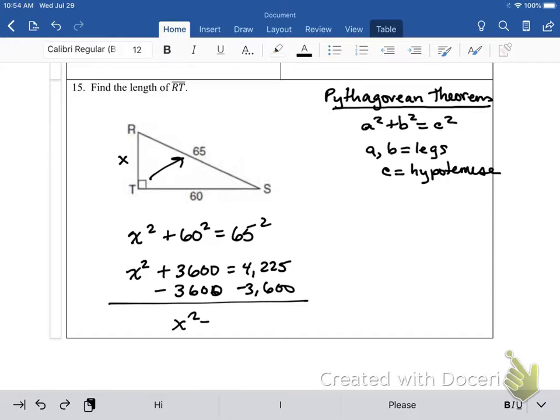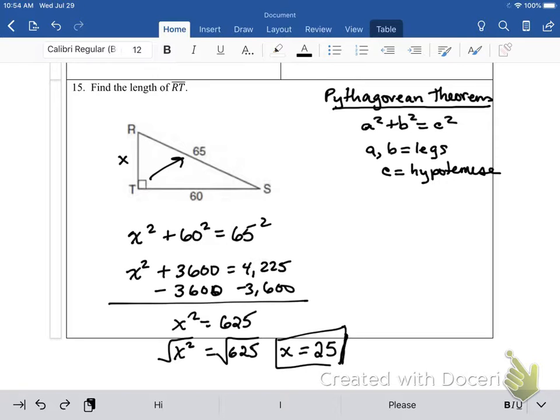So we get x squared equals 625. And then I take the square root of both sides. And the square root of 625 is 25. So that's the missing side.